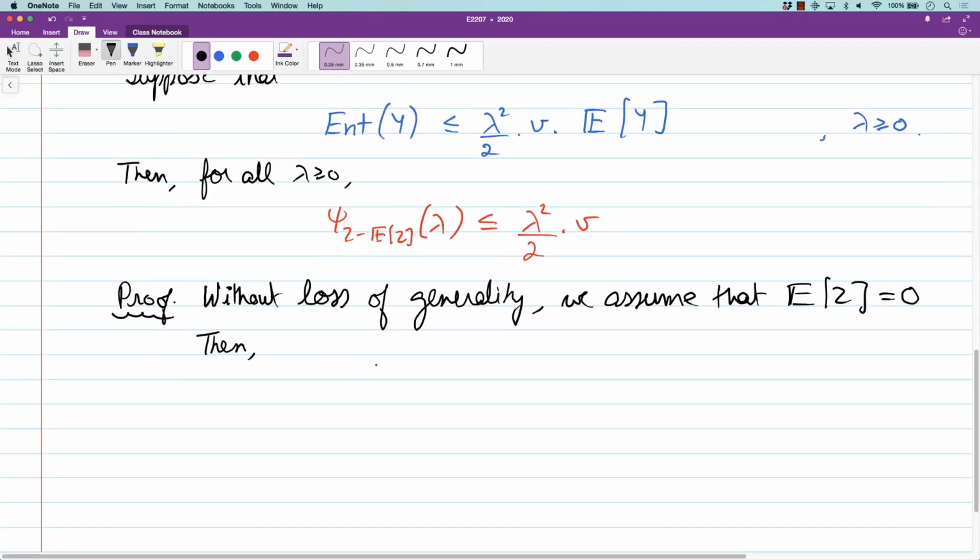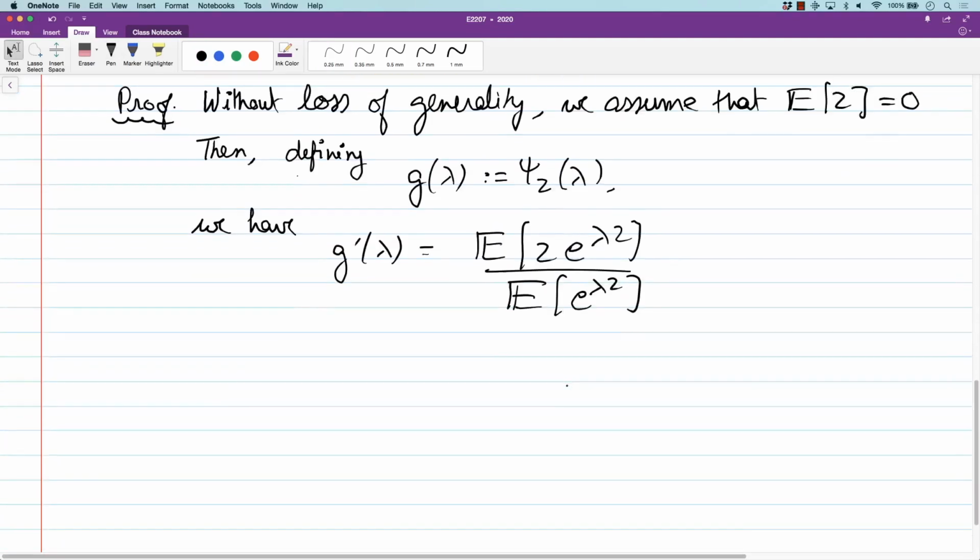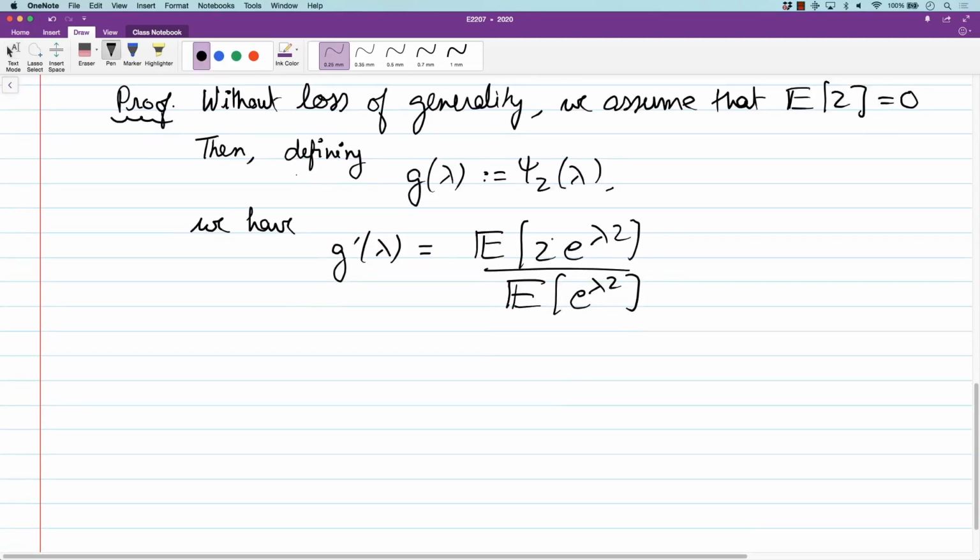Then, defining g lambda as the log moment generating function of z, what do we have about its derivative? It's the expected value of z e to the power lambda z by the expected value of e to the power lambda z.